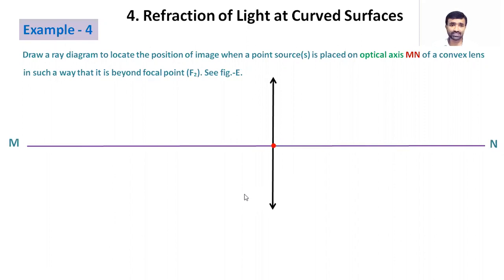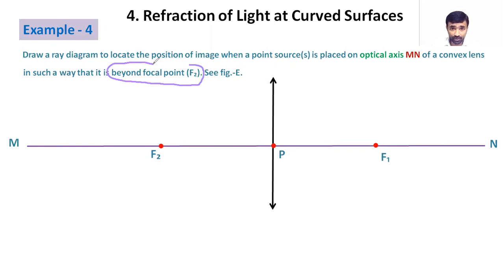The optical axis name is given, so that's why I named that horizontal line MN, optical axis or principal axis. Then identifying the focal points as F1 and F2 with respect to the lens, and the midpoint on the lens is called the pole.